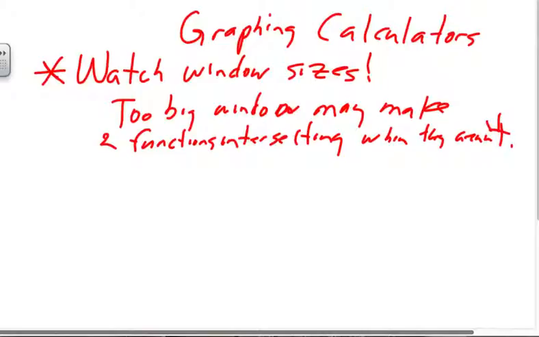Also, if you don't have the right window size, you're not going to see anything on the function. The window size is something you're going to have to learn to play with, and you're going to have to learn to set on your own at this point.